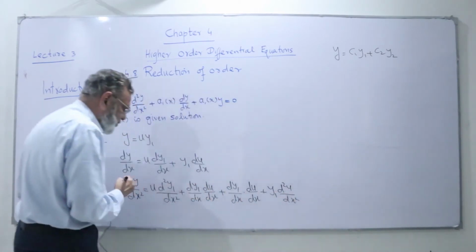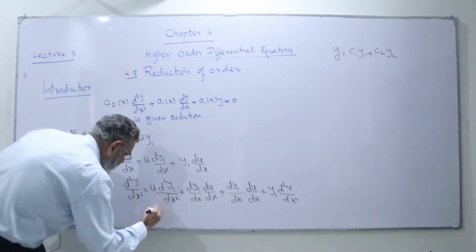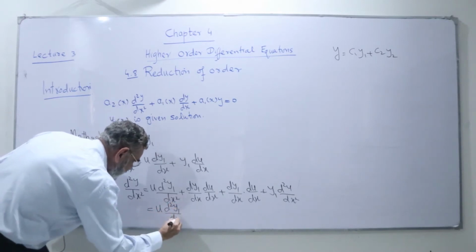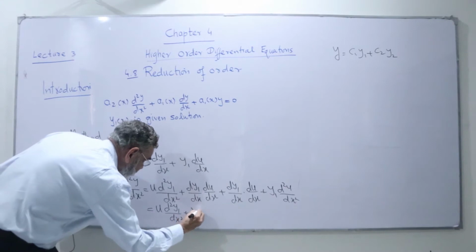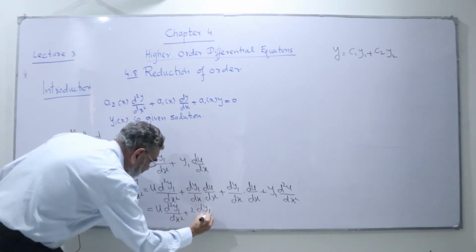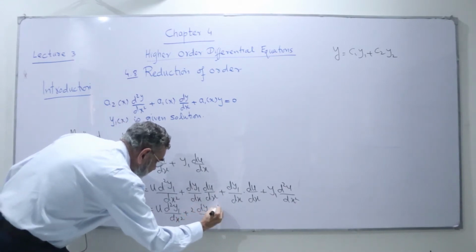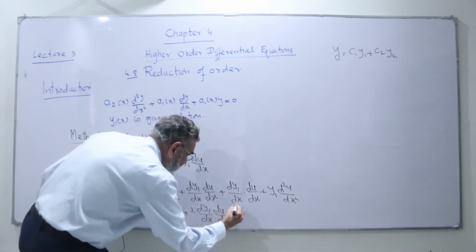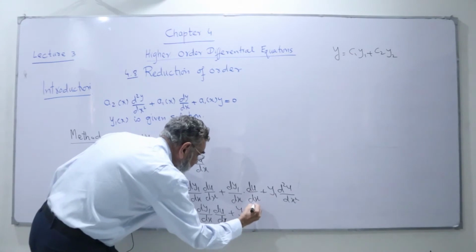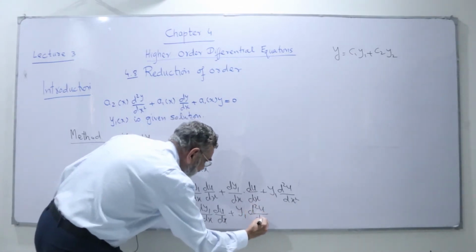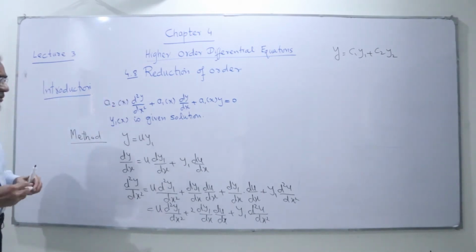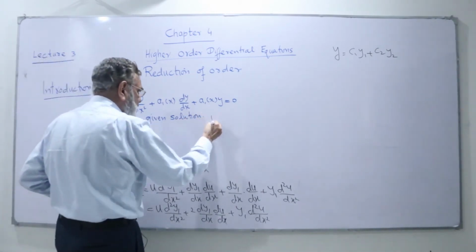When we simplify, we get u d2y1 over dx square plus 2 dy1 over dx into du by dx plus y1 d2u by dx square.